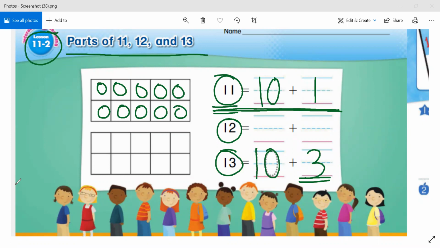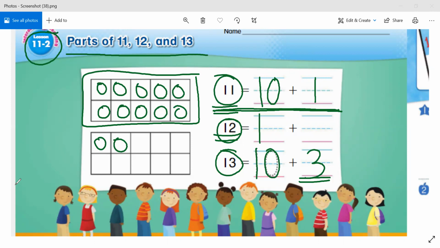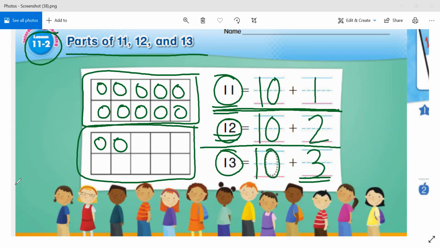So 10, we want 12, so let's continue counting. 10, 11, 12. So our first 10 frame has 10 because it's filled up. And our second 10 frame has 2. So we're going to put 2 right here. And our number sentence is 12 equals 10 plus 2.